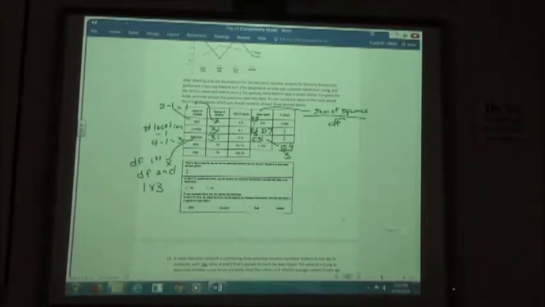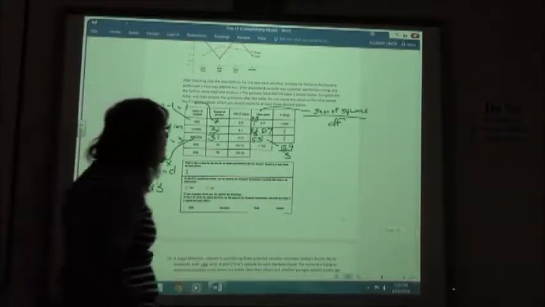For my F statistic, you are taking the mean of the square divided by the mean square error.